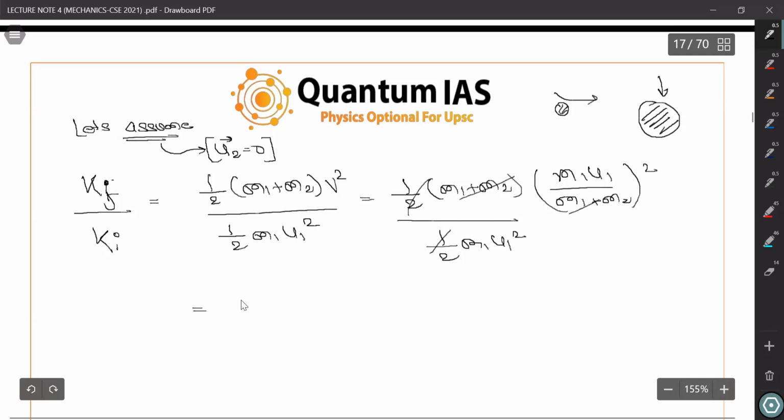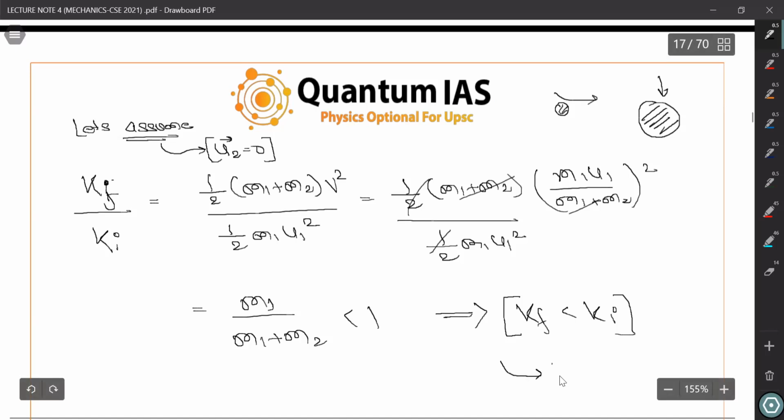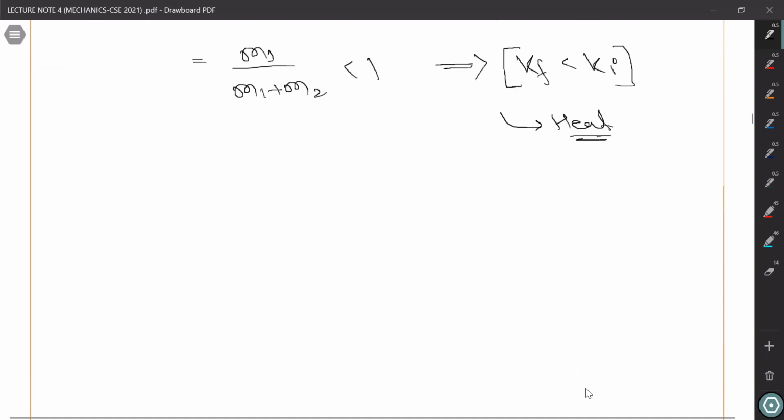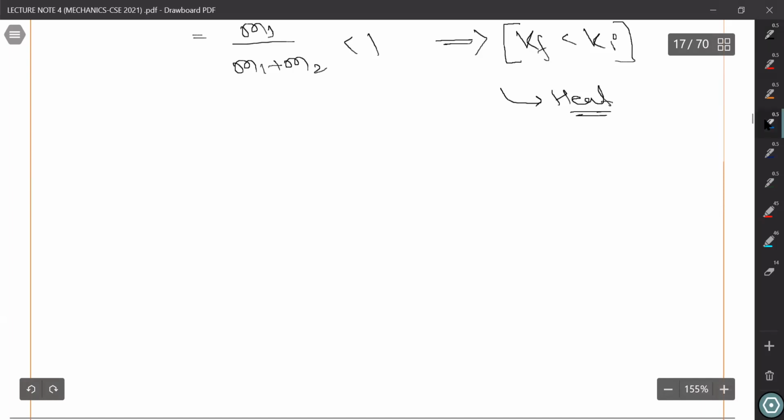So you will come with m1 upon m1 plus m2, which is less than 1, and that signifies that final kinetic energy is less than the initial kinetic energy in case of this scattering, right? So this loss of kinetic energy is in the form of heat energy. When two particles collide with each other, like shooting of a bullet, it will convert it into heat energy.